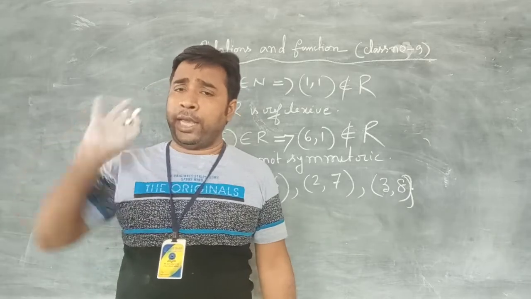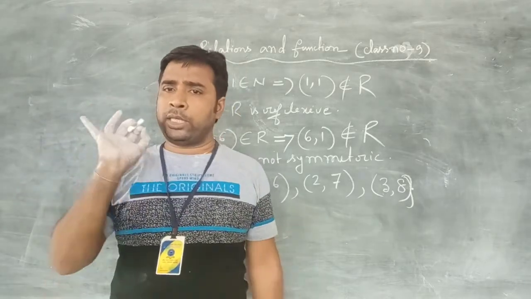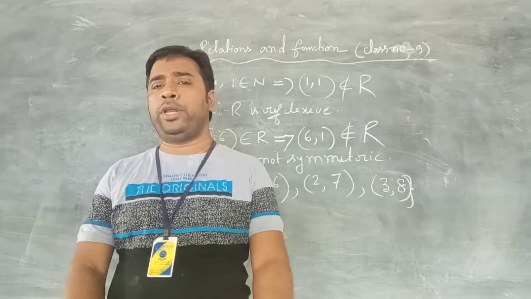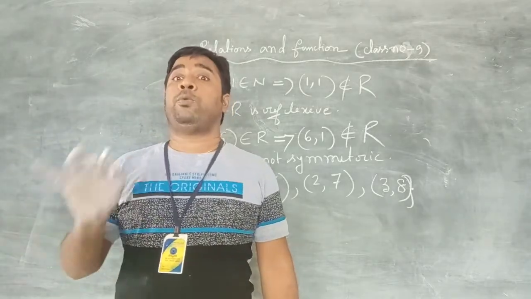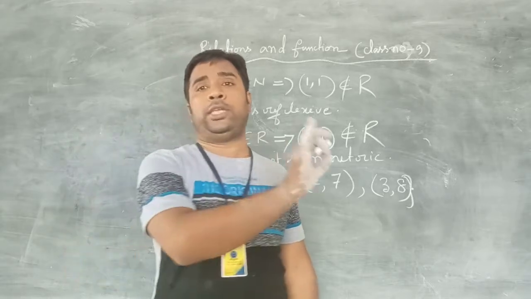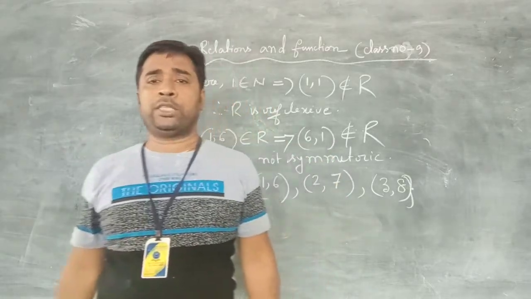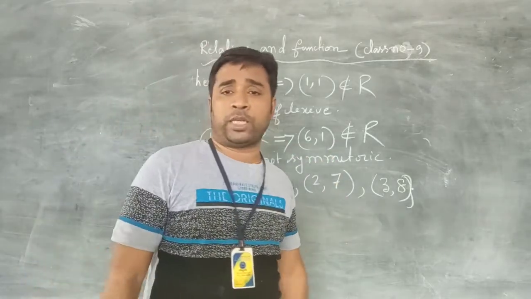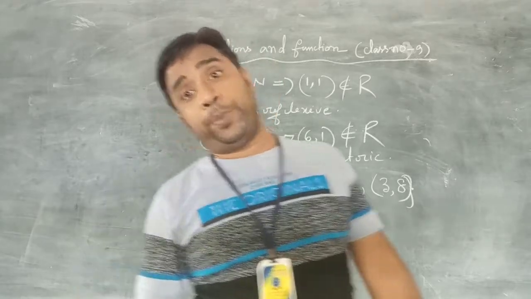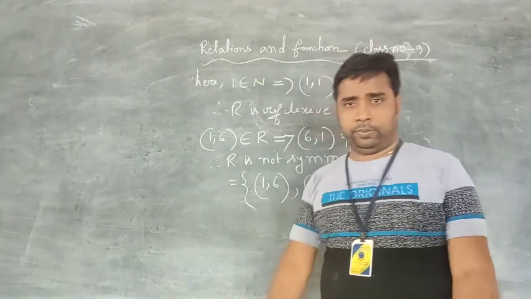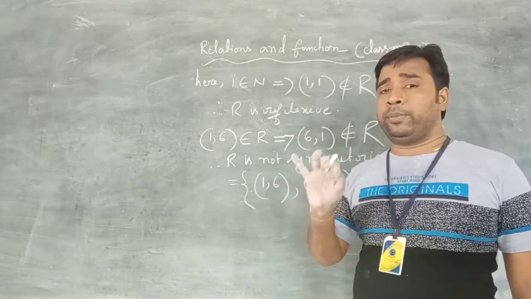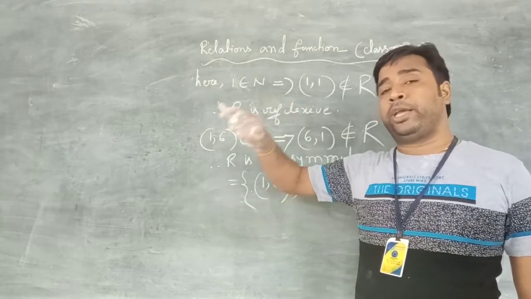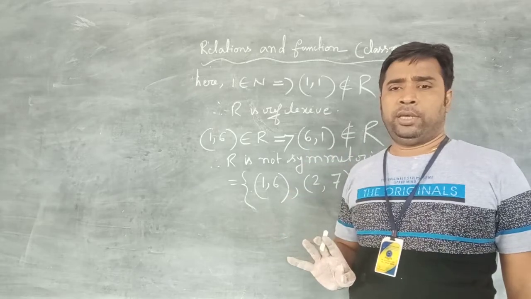If we can take these elements, then we shall cancel the common elements and the remaining two elements must be in R again. But what will happen if we cannot take these types of elements? If we cannot take such elements, remember the relation will automatically be a transitive relation.